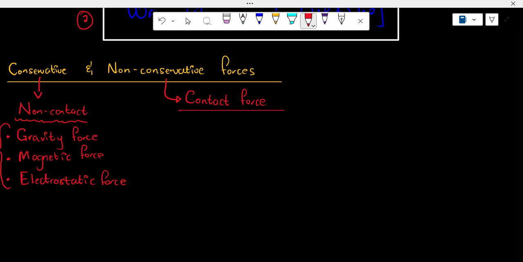In this case, your contact forces would be your frictional force. The second one would be your applied force. The third one would be your typical normal force, right? And another one would be your tension force.